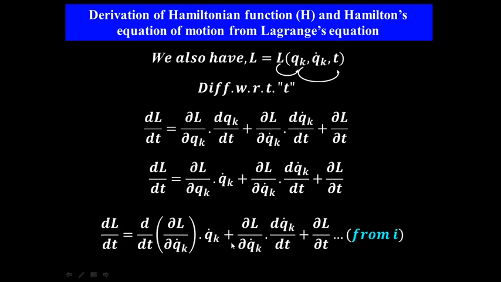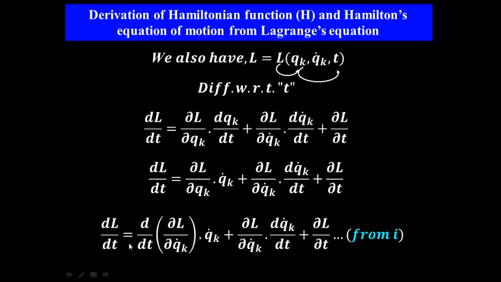Now we can see here the derivative of del L by del qk dot, and here qk dot, and here the derivative of qk dot. Suppose the first function is this qk dot, and the second function is del L by del qk dot. So here we can see the first function qk dot, derivative of the second function, plus the second function, derivative d by dt of qk dot.